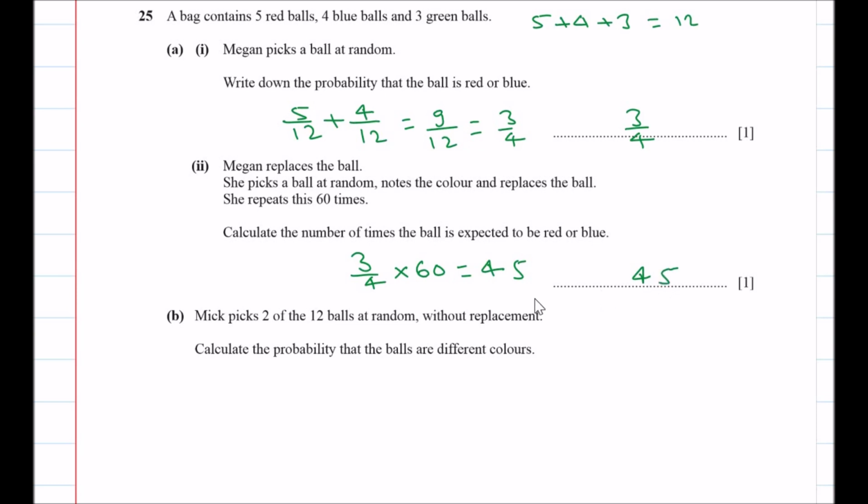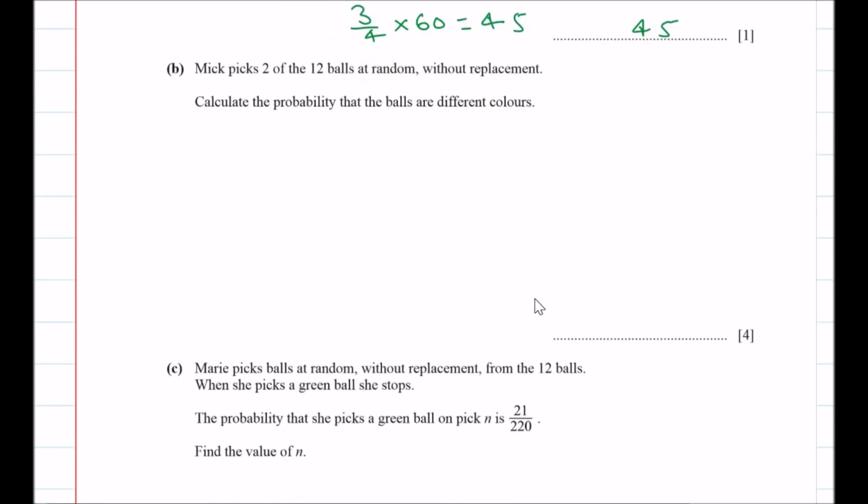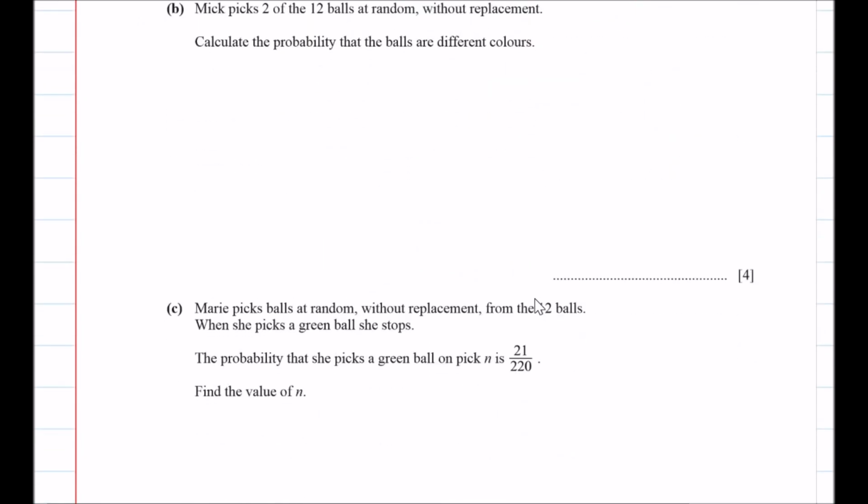Now, Nick picks 2 of the 12 balls at random without replacement. You have to be very careful. Without replacement. Okay. Calculate the probability that the balls are different colors. So different colors means it can be red, blue.